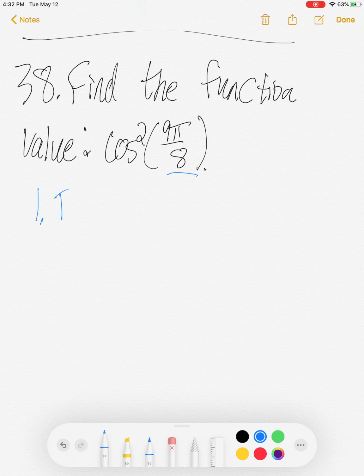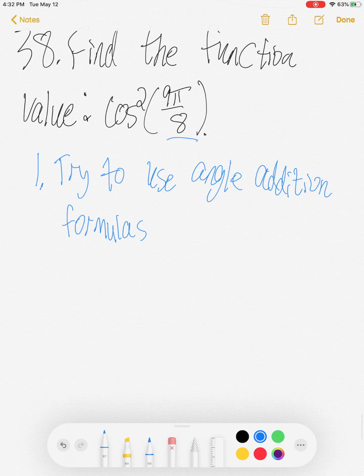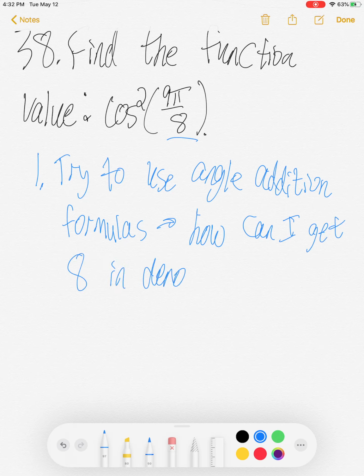The first thing that I try to do is I try to use angle addition identities. Okay, so things like cosine of a plus b, cosine of a minus b, things like that. Angle addition formulas. And so I tried to toy around with this. So how can I get an 8 in the denominator using things I know?